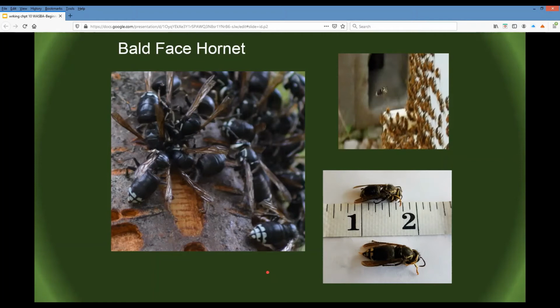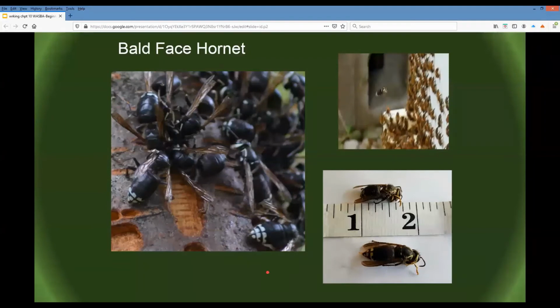Sometimes, depending on how you feed your bees, it can draw more of these wasps, hornets, yellow jackets toward the hive, because, you know, you've got sugar water there.